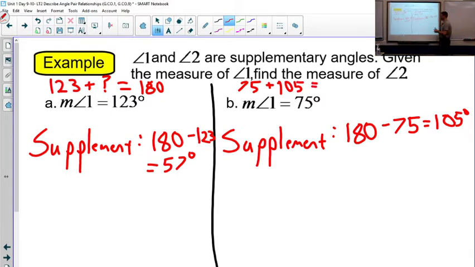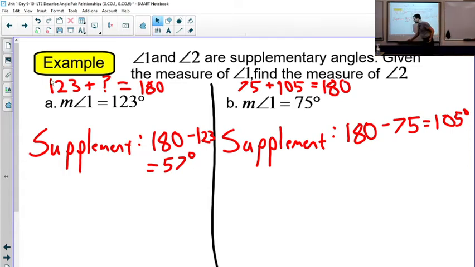It's 180. So the two angles add to 180 degrees. That's what makes it the supplement. And this pattern is going to continue and let us set up the equations that we're about to do.